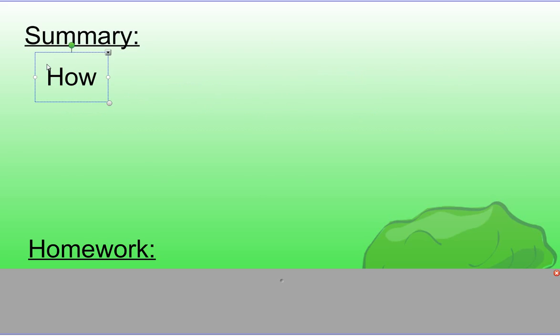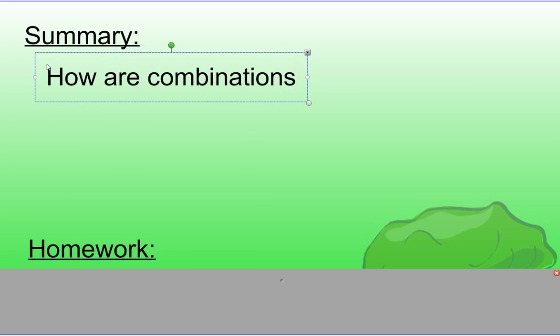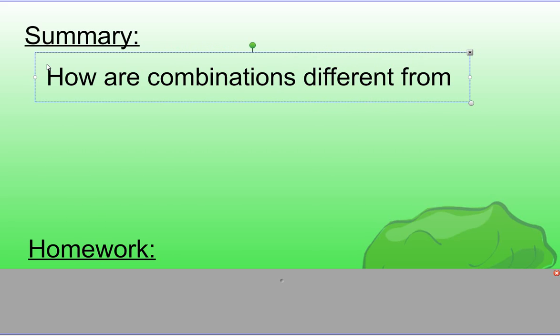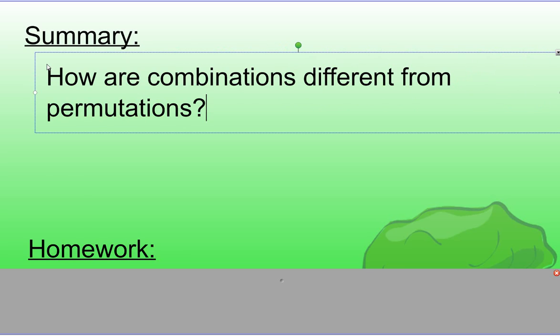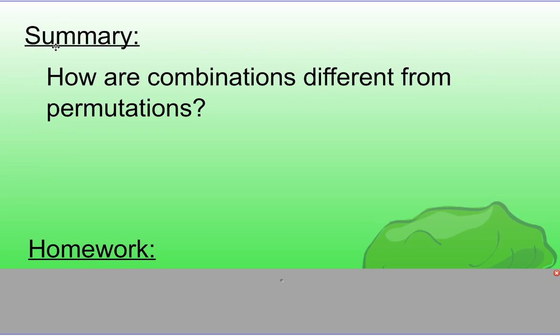How are combinations different from permutations? That's the question I want you to answer. Pause the video now, answer this question, and when you're ready to continue, hit play, and we'll go through it together.